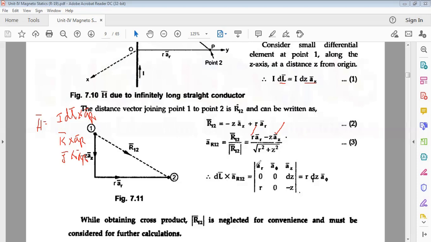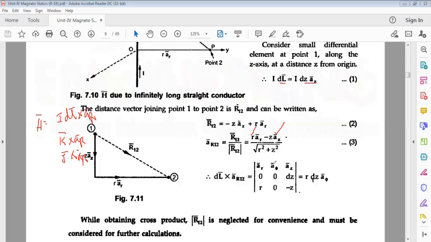Now to find the determinant, both are zeros only, so 0 into z bar and dz into 0 is 0. Then take the aφ: 0 into z bar is 0. And here dz into r is minus actually.